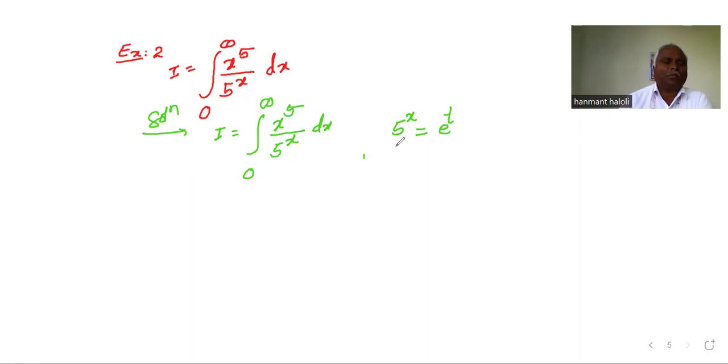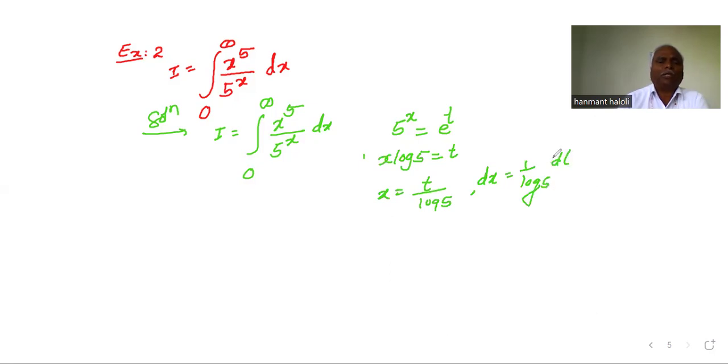To simplify it, take log on both sides, you get x log 5 equal to t. So t equals x log 5. Therefore x equals t upon log 5. Differentiate it, you get dx equals 1 upon log 5 into dt.